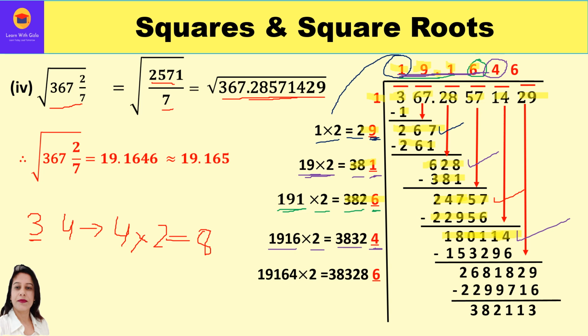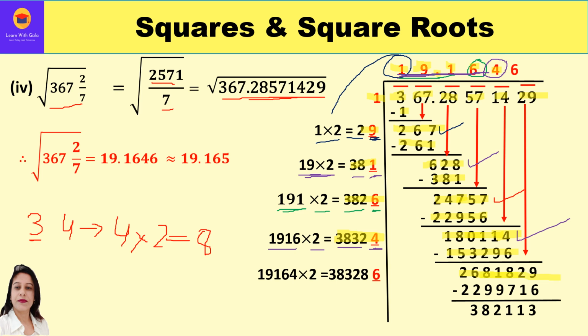So after trial, I got 4 as a suitable number which I can put in the blank. So my divisor is 38324. Multiply by 4, I get a product 153296, right? Now find the remainder, that is the difference, that I will get 26818. Further bring down the next period, that is 29.